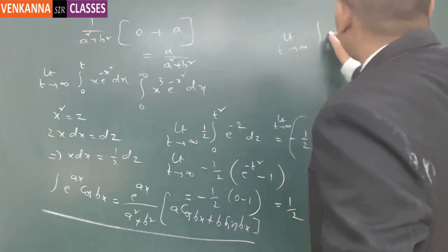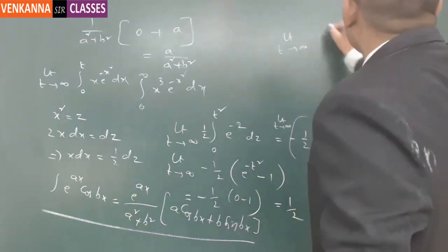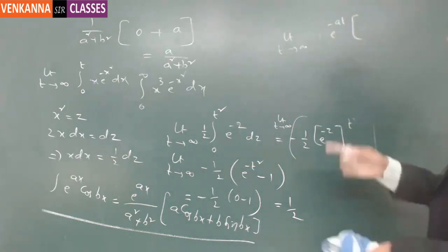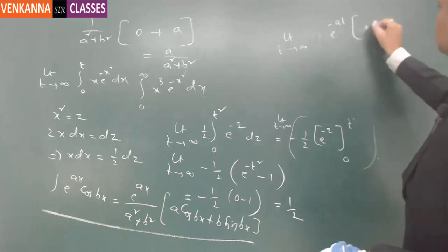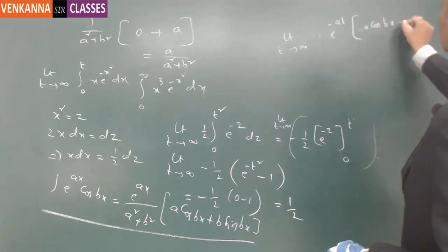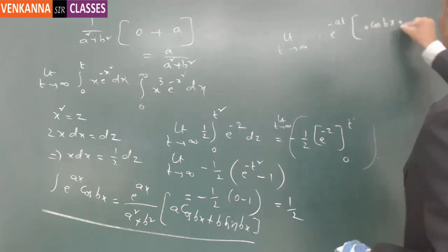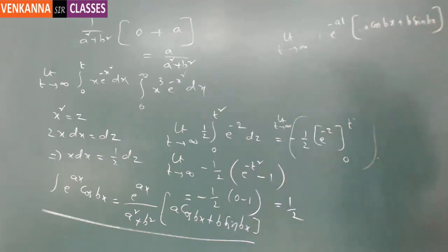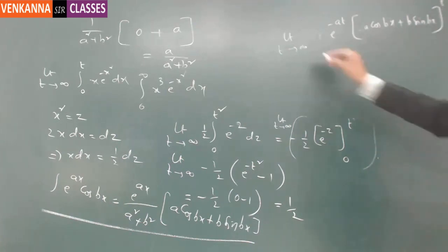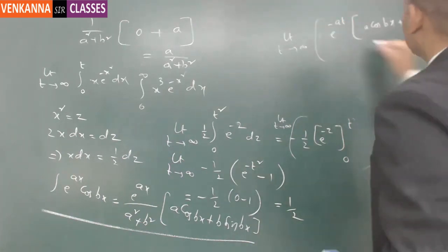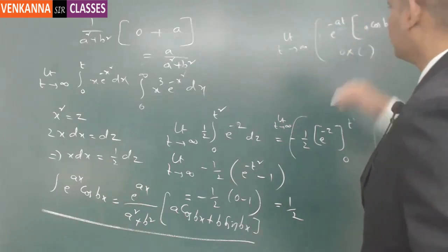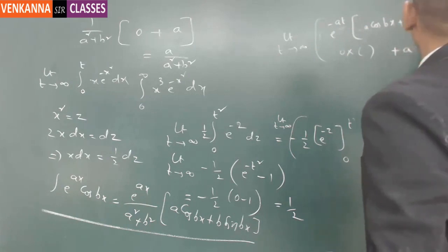So here you are going to get it as e power minus at into, because e power minus ax we have taken, between the limits, one limit is t, another limit is this number. So while applying t tends to infinity, since e power minus at is there, 0 into some finite quantity you will get, and the last you will get a, because it is 0.